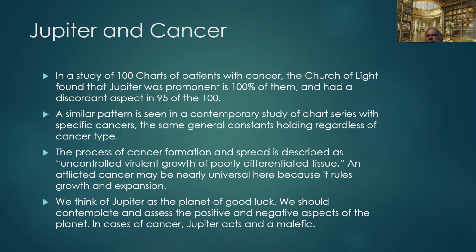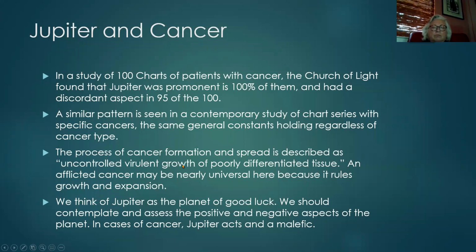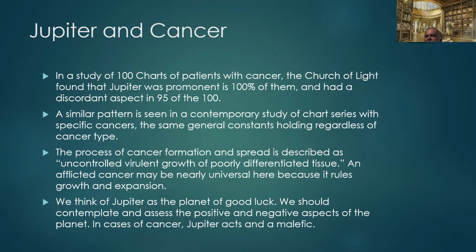Oxidative damage to the genetic material, a little beam of radiation came through there, or it just got old and tired and didn't copy itself properly, right? And so it becomes not self. So you'll have some not self cells there, and the definition there is uncontrolled, virulent growth of poorly differentiated tissue. Virulent means spreads.